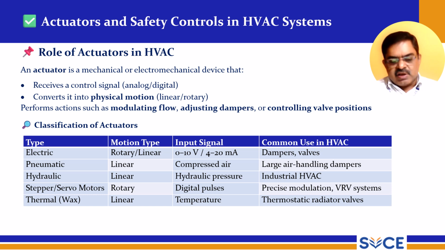So these are the input signals. Common use in HVAC: dampers, valves, large air handling dampers, industrial HVAC systems, precise modulation, VRV systems, thermostatic radiator valves. So these are the common applications of actuators in HVAC systems.